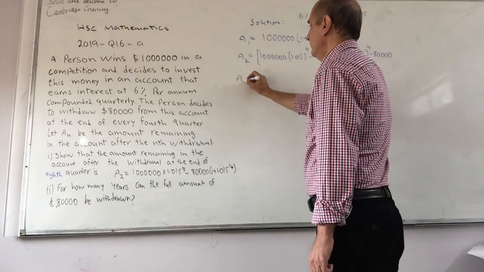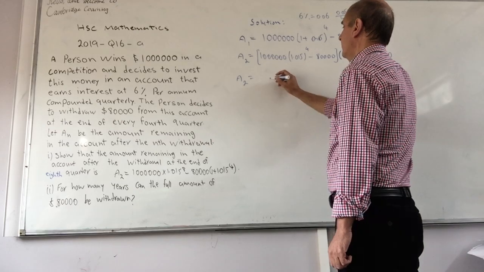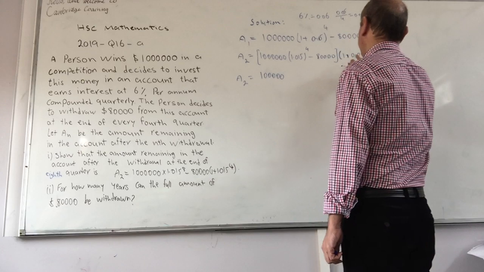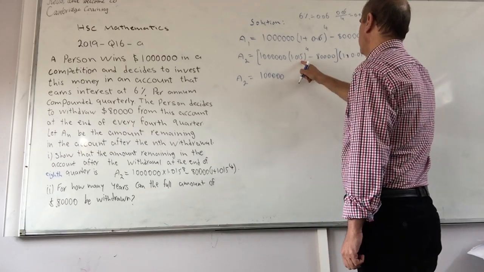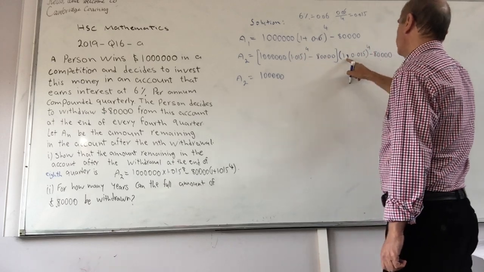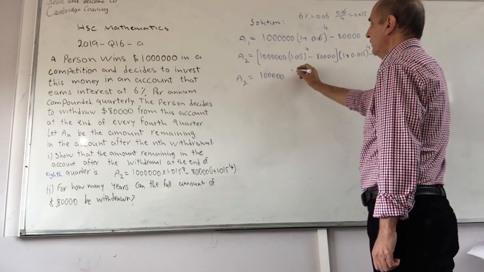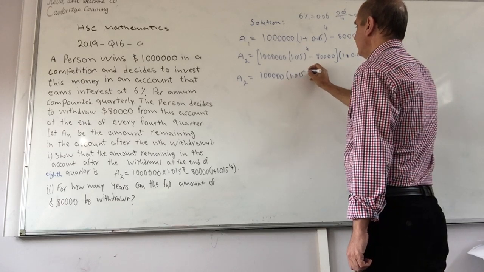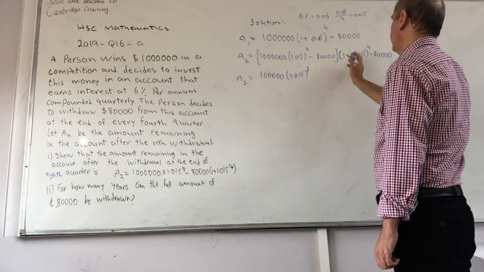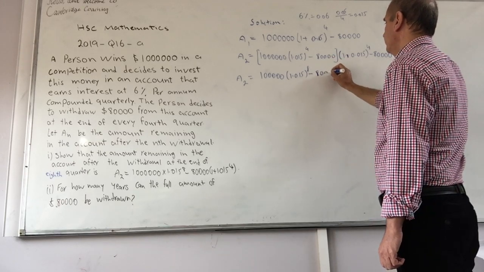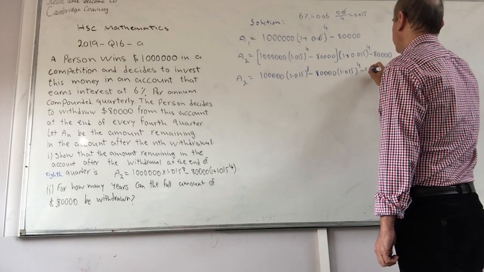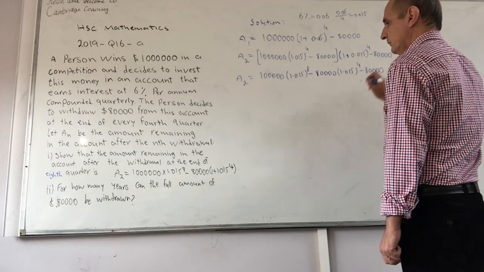That will give us A2 is equal to 1 million times 1.015 to the 4, and another 1.015 to the 4. If I times them, it becomes 1.015 to the 8. Then if I expand that, that becomes 80,000 times 1.015 to the 4, minus 80,000.